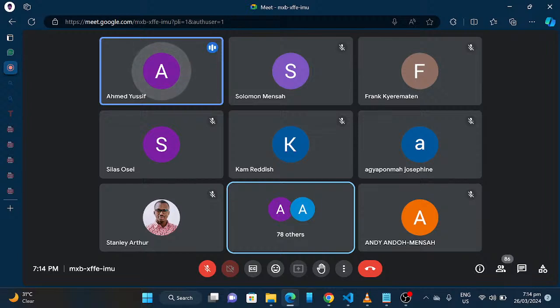So the activation of protein C and S is also dependent on vitamin K, just like we have vitamin K dependent clotting factors. So when you give warfarin, warfarin inhibits the activation of vitamin K. For that reason, you don't have activated vitamin K to help activate protein C and protein S.